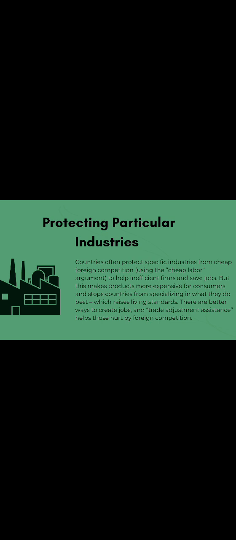There are better ways to create jobs, and trade adjustment assistance helps those hurt by foreign competition. Countries protect certain industries from cheaper foreign goods, often saying foreign labor is too cheap, to keep local firms open and save jobs.